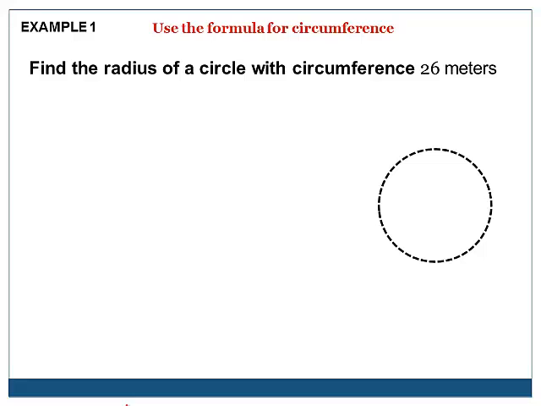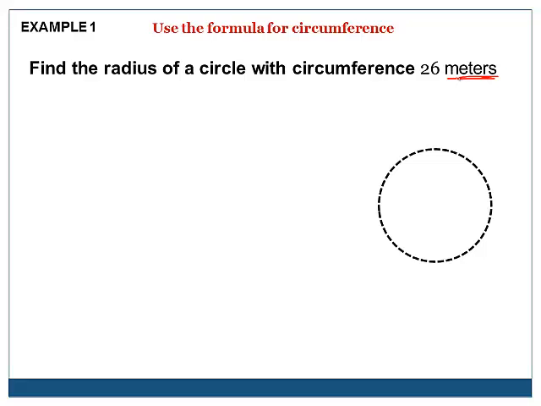Okay, first example: find the radius of a circle with circumference 26 meters. It's important to always look at our label, because we need to make sure that we label our answer at the end. And remember, the circumference is the entire distance around the circle.